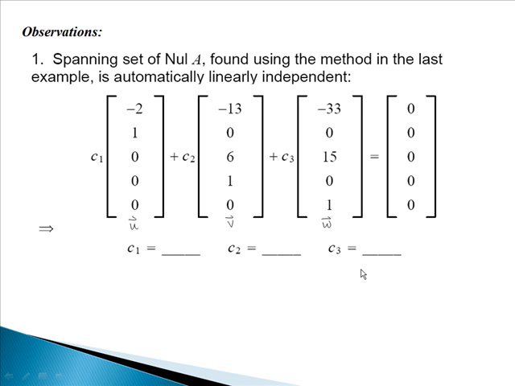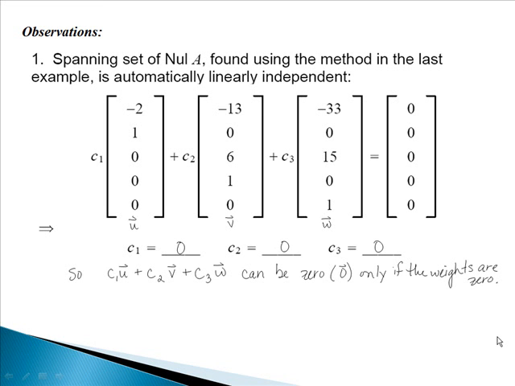We know that in order for this equation to be true, where this is equal to 0, our weights c1, c2, and c3 must be 0. So we see that this linear combination c1 times u plus c2 times v plus c3 times w can be the 0 vector only if the weights are all 0. That tells us that it's automatically linearly independent.